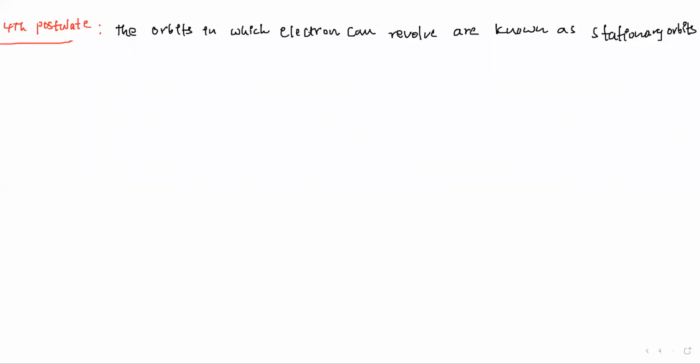Because in these orbits, the energy of the electron is always constant.